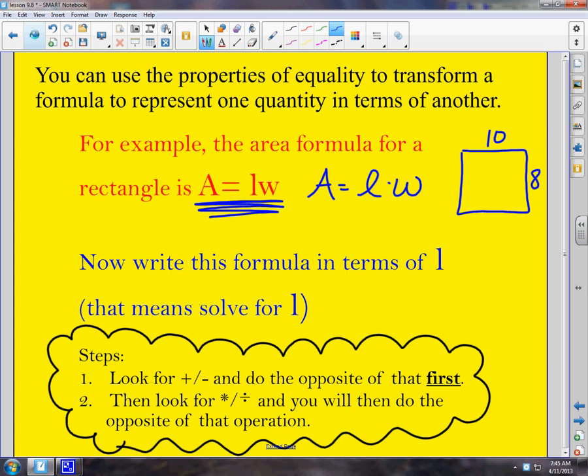The area is the length times the width, which would be 80. Do you see an addition or subtraction sign? No. So, that's the first step. Then you look for multiplication or division, and you will do the opposite of that operation. This one has multiplication, so if I wanted to find out what L is or what W is, I would divide both sides of the equation by the other letter.